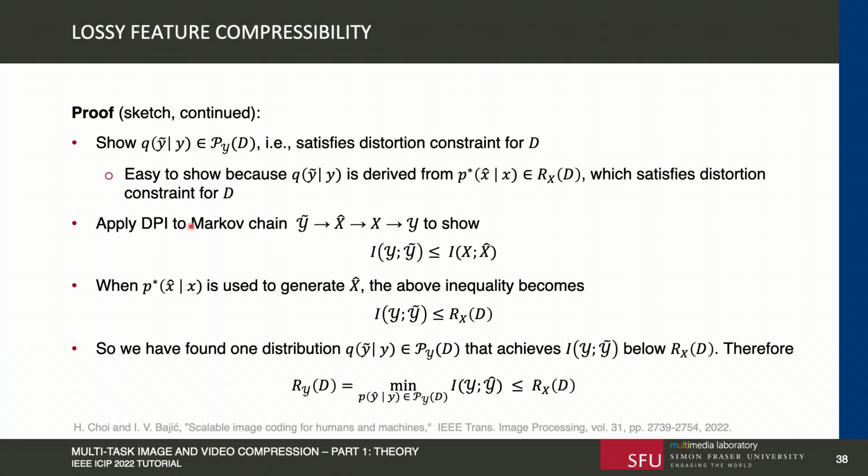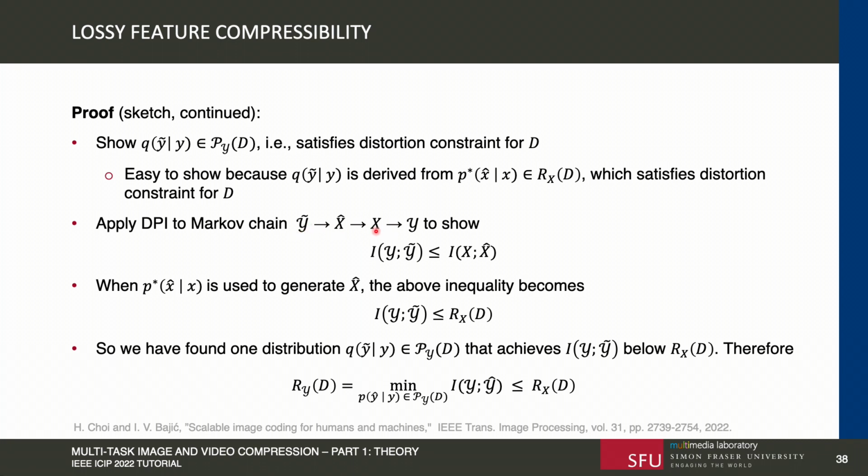The second point is to apply the data processing inequality to the following Markov chain: y tilde to x hat to x to y. So this looks a little bit strange, but remember that on the previous slide we actually had a Markov chain x to x hat to y tilde.